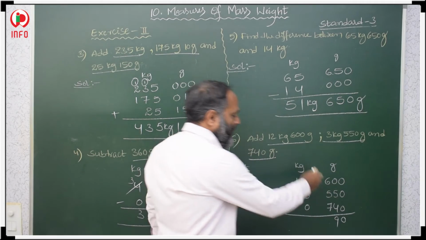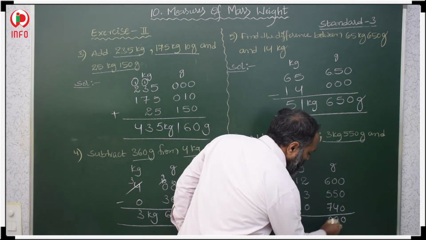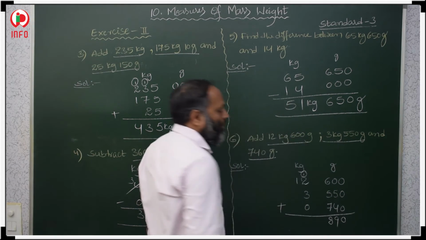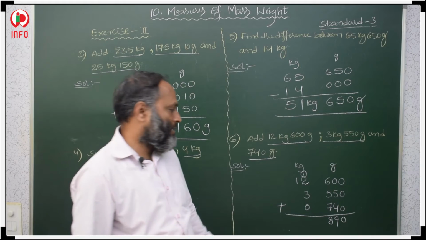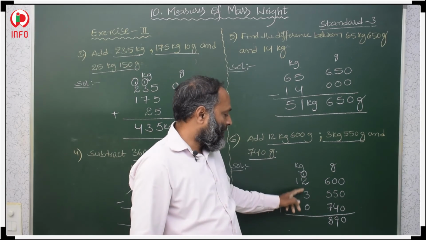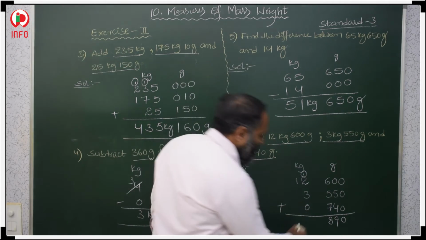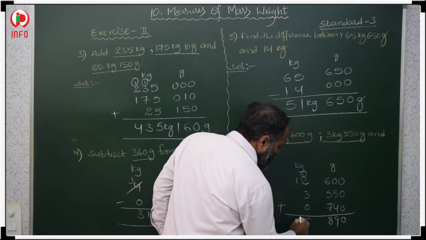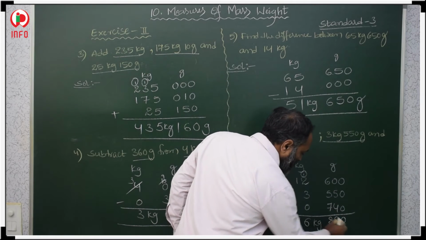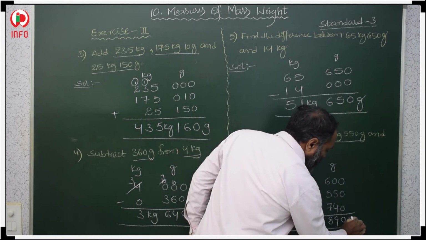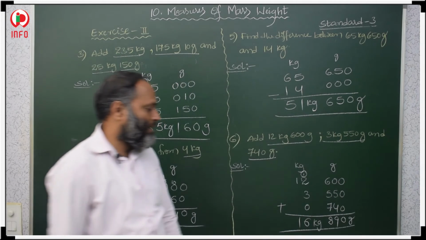The sum is 18. 18 means 8 in grams, and 1 we have to carry over to the kgs unit place. 2 plus 1 is 3, 3 plus 3 is 6, 6 plus 0 is 6. And here only 1 is there, 1. 16 kgs, 890 grams. This is your answer.